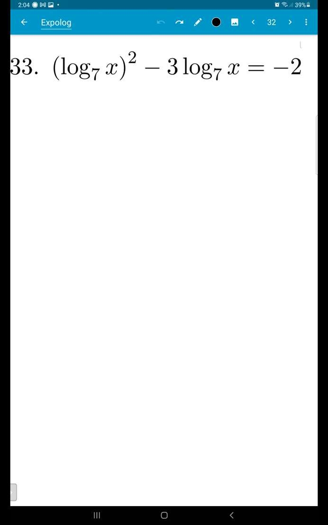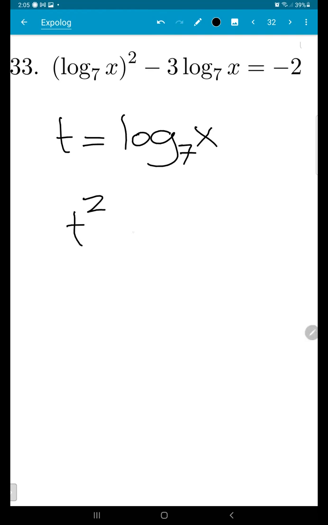If we denote the common term, log x base 7, by some other variable, we can use y, we can use t. So let t be logarithm of x base 7, and if we rewrite everything in t, we'll have t squared minus 3t equals -2.